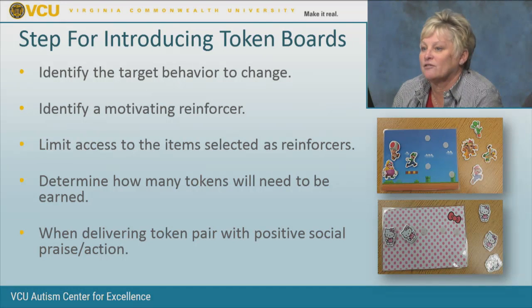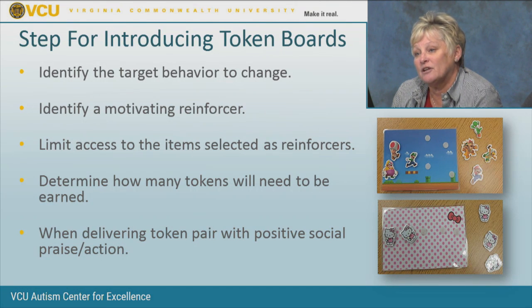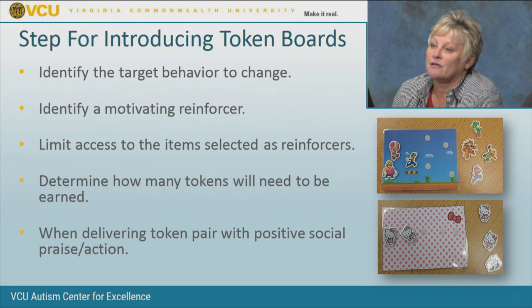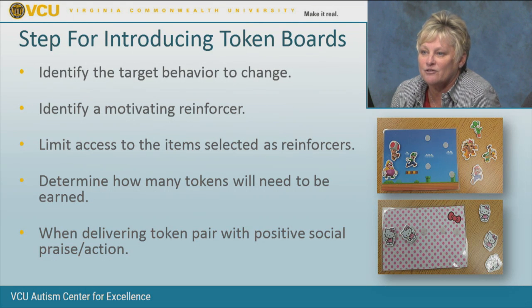When they earn the 6th, then the motivator is delivered. Then you fade, so they have to earn 2, then they have to earn 3, then they have to earn 4. But you're going to do this at a pace that encourages the behavior, so that the student doesn't feel defeated, that they're never going to get the tokens, and therefore never going to get their motivator.